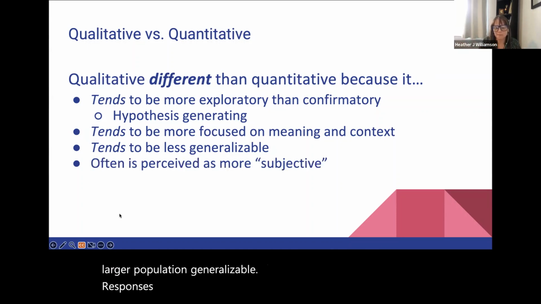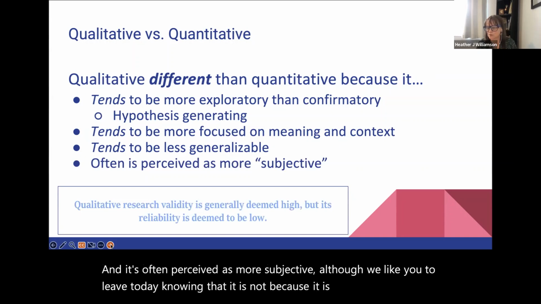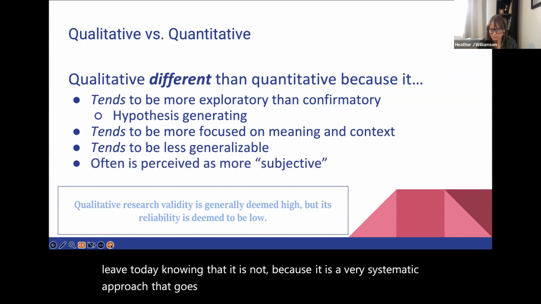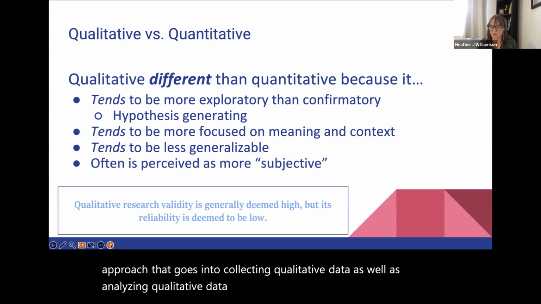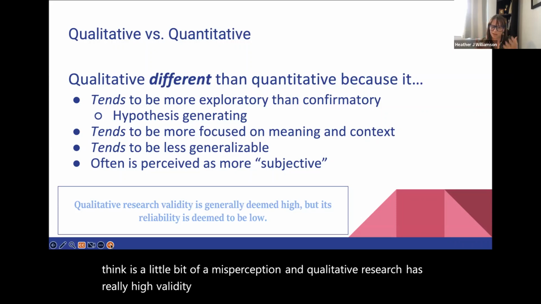It's often perceived as more subjective, although I'd like you to leave today knowing that it is not, because it is a very systematic approach that goes into collecting qualitative data as well as analyzing qualitative data. So that's a bit of a misperception. And qualitative research has really high validity because you're hearing the voices and the experiences from the people.